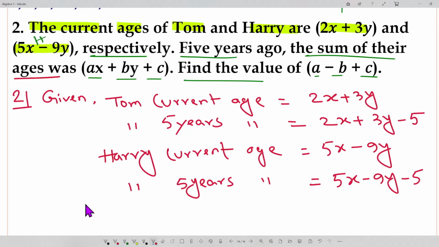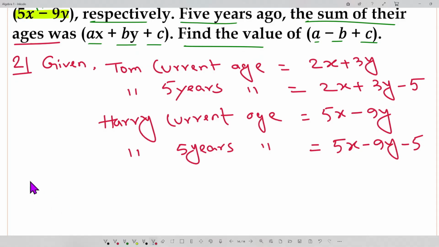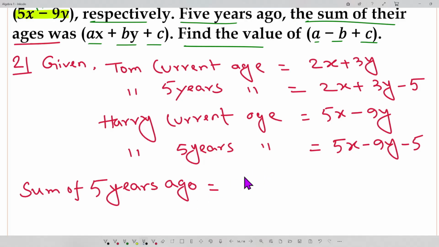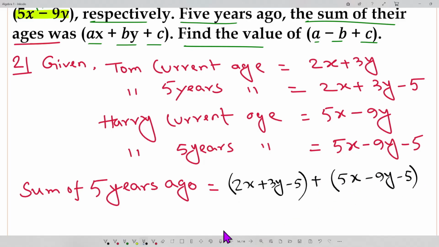So now the sum of 5 years ago, that means 2x plus 3y minus 5, then plus 5x minus 9y minus 5, right?